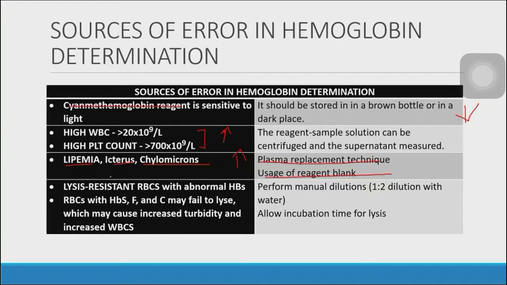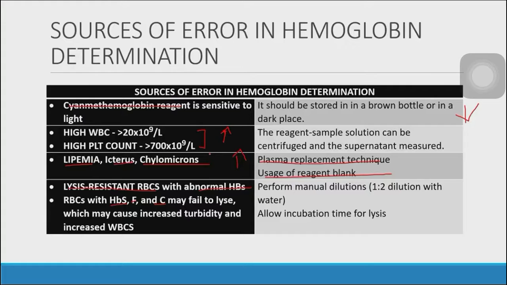Next source of error, if may presence daw ng lysis-resistant RBCs with abnormal hemoglobin. So yung mga abnormal RBCs daw na may hemoglobin na HbS associated with sickle cell disease, F naman, and C may fail to lyse. Okay? So since ang main purpose for hemoglobin determination, dapat malyse yung RBCs para ma-liberate yung hemoglobin, which can then be detected through spectrophotometric determination.